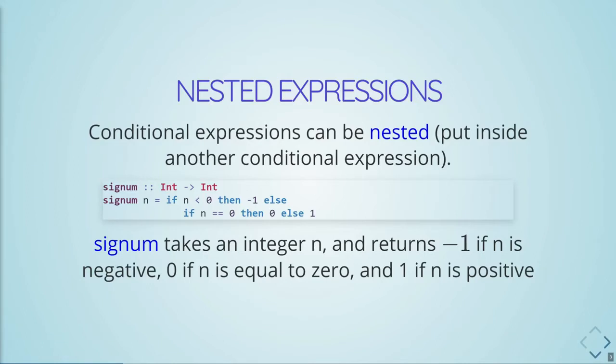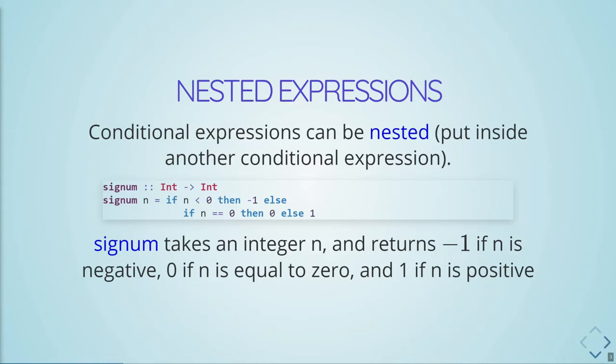An interesting thing we can do with conditionals is nest them inside of one another. So this allows us to create multiple layers of control flow. Take, for example, the function signum, which returns -1 if the int given to it is a negative number, 0 if the int is 0, and 1 if the int given to it is a positive number.